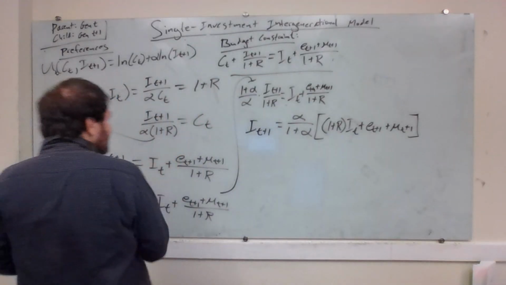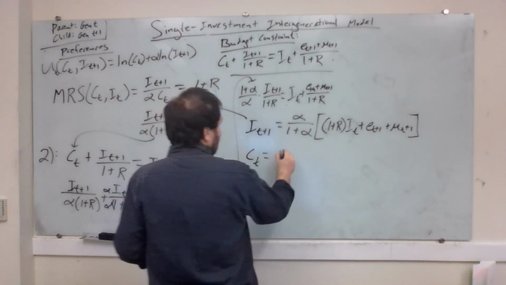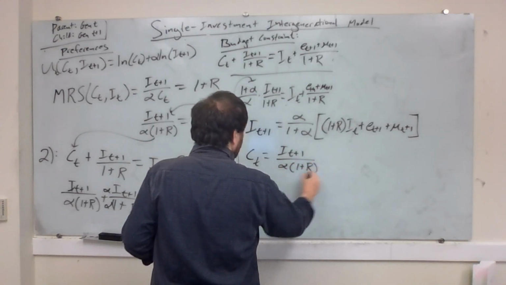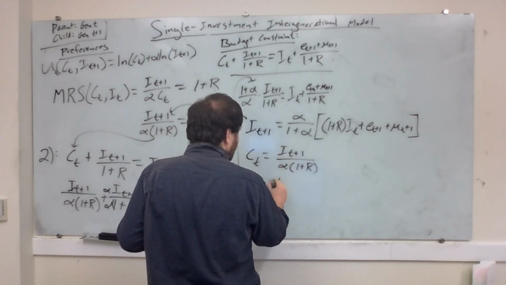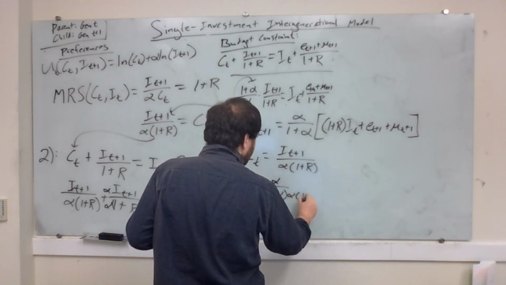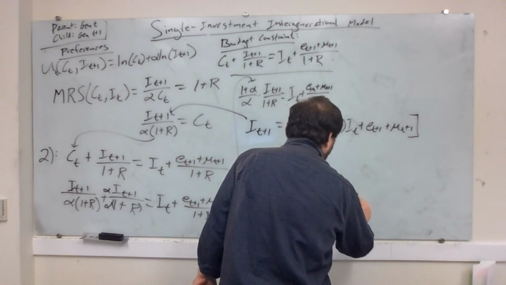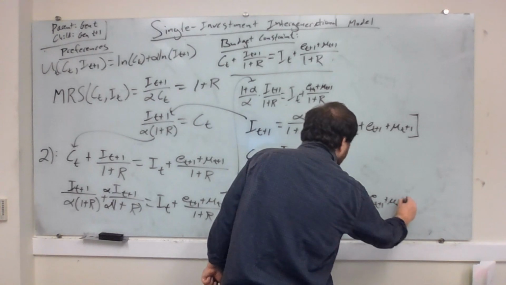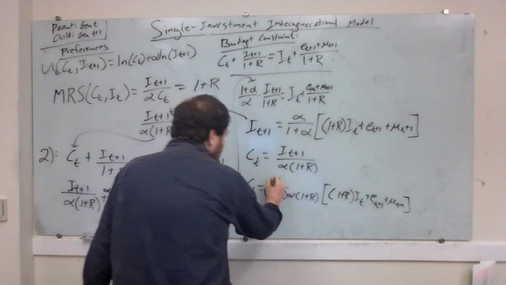Wonderful. And then to get consumption, I just plug this into here. So I'm going to say c_t is going to equal i_t plus 1 over alpha times 1 plus r, which means c_t is going to equal alpha over 1 plus alpha times alpha times 1 plus r, all times 1 plus r i_t plus e_t plus 1 plus mu_t plus 1, which is going to be, alphas cancel, right?